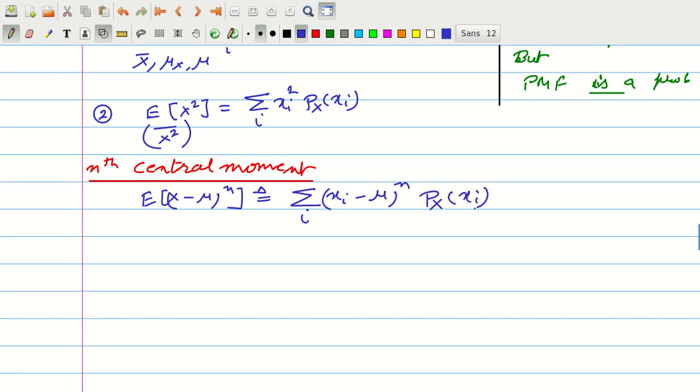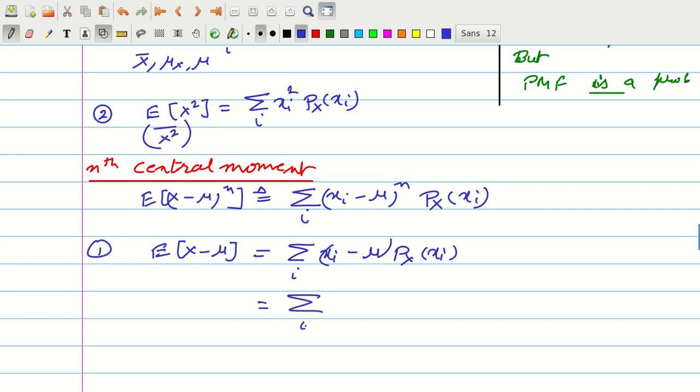px of xi. When n is equal to 1, we get the first central moment E of x minus mu, which becomes summation over all i of xi minus mu px of xi. When we expand it, we get summation over all i of xi px of xi minus mu times summation over all i of px of xi.